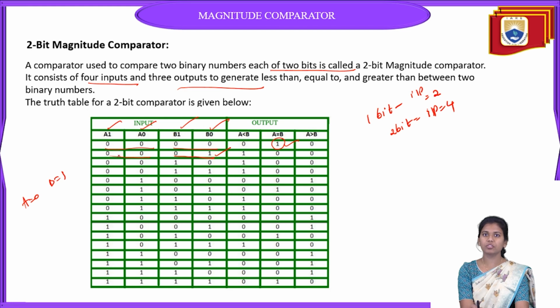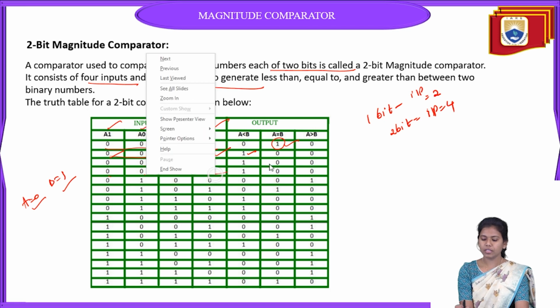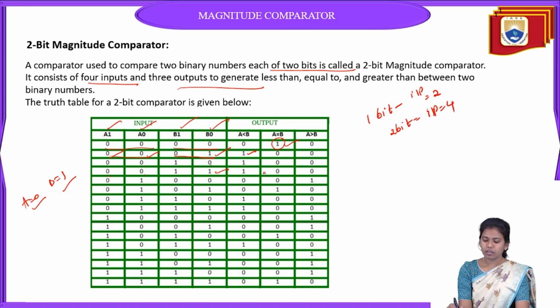Here in A1 and A0 we have 0 and 0, and B is 1, so the condition we are satisfying is A less than B. Similarly for 0, 0, 1, 0 and 0, 0, 1, 1. As per this, these are the conditions we are getting with respect to the inputs.